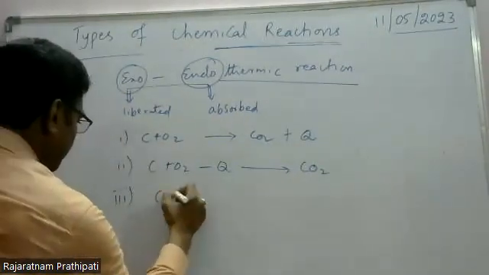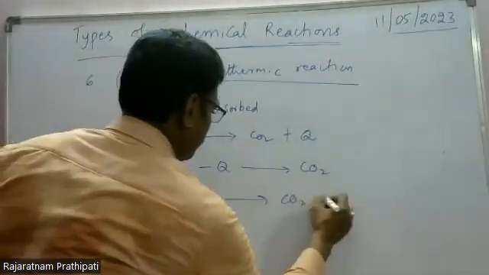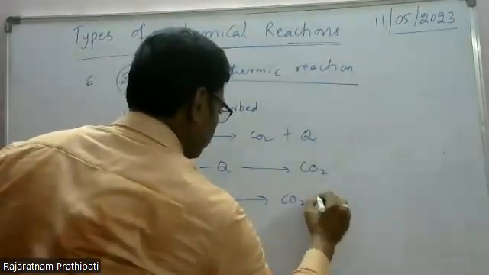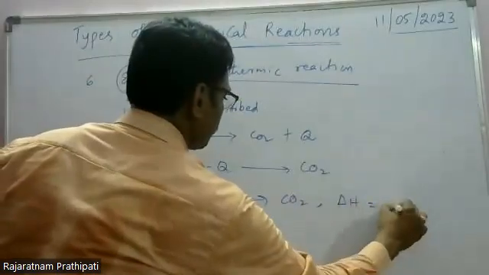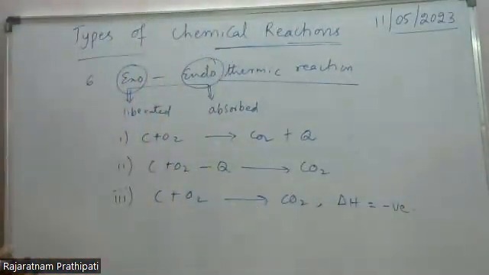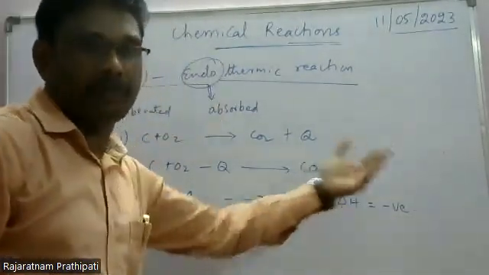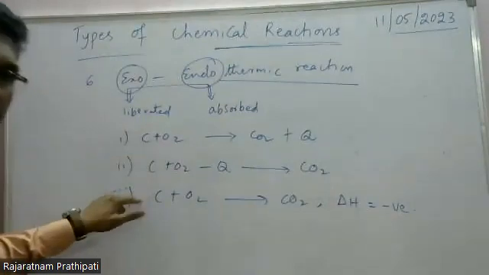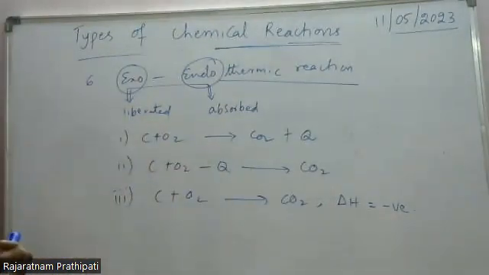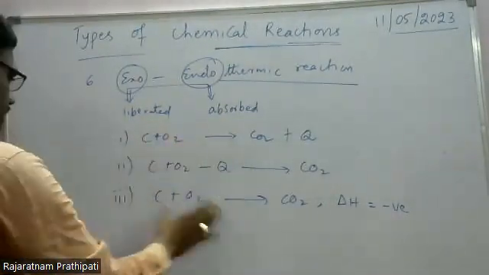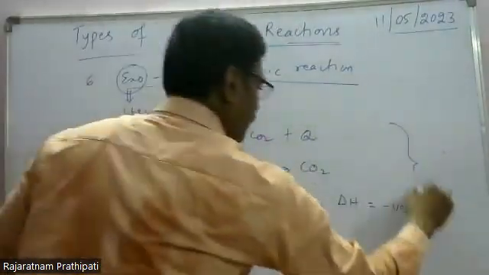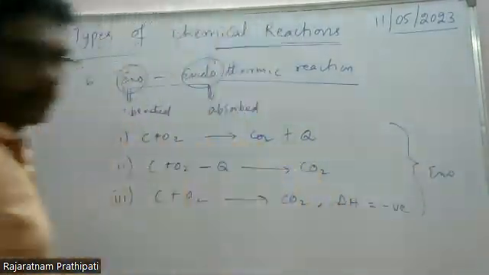Both are same. Here, product side plus Q, reactant side minus Q. Another type of representation, C plus O2 gives rise to CO2, here delta H is equal to negative. Heat is liberated. This delta H represents reaction enthalpy. These three are same representations. All represent exothermic reactions.